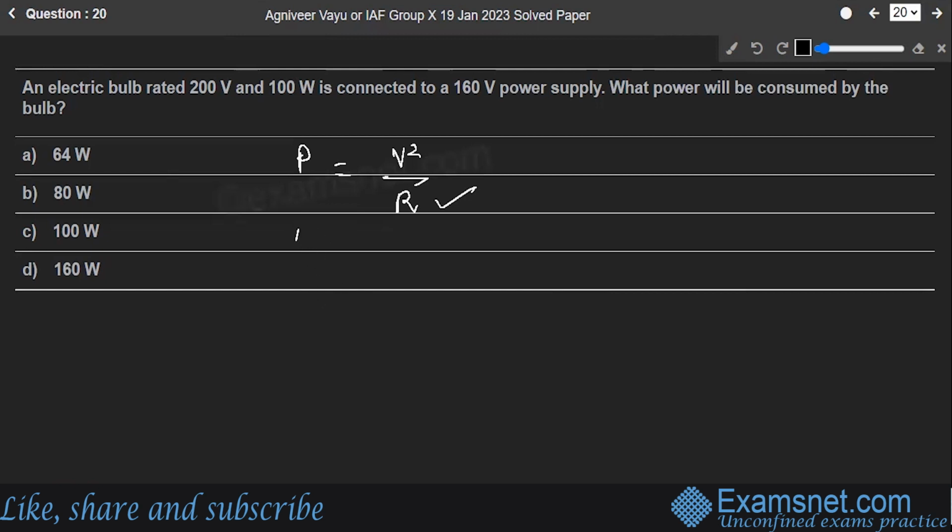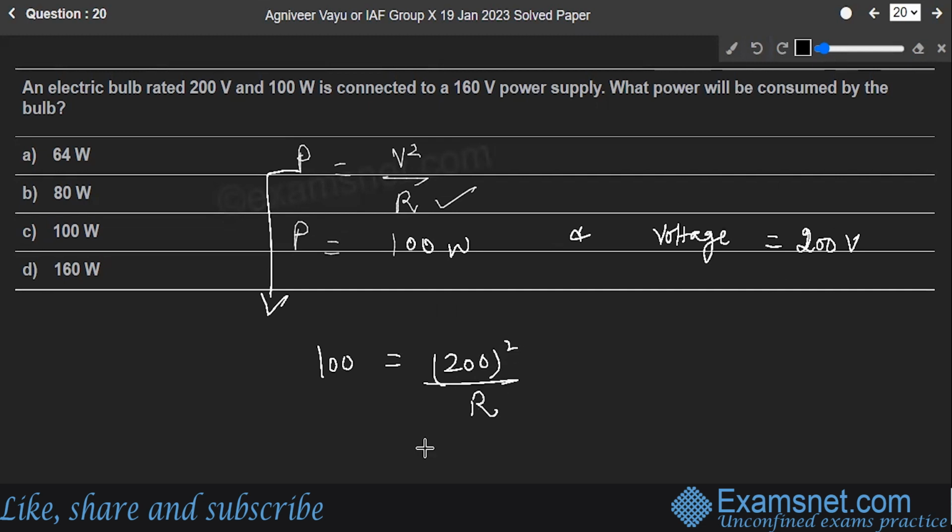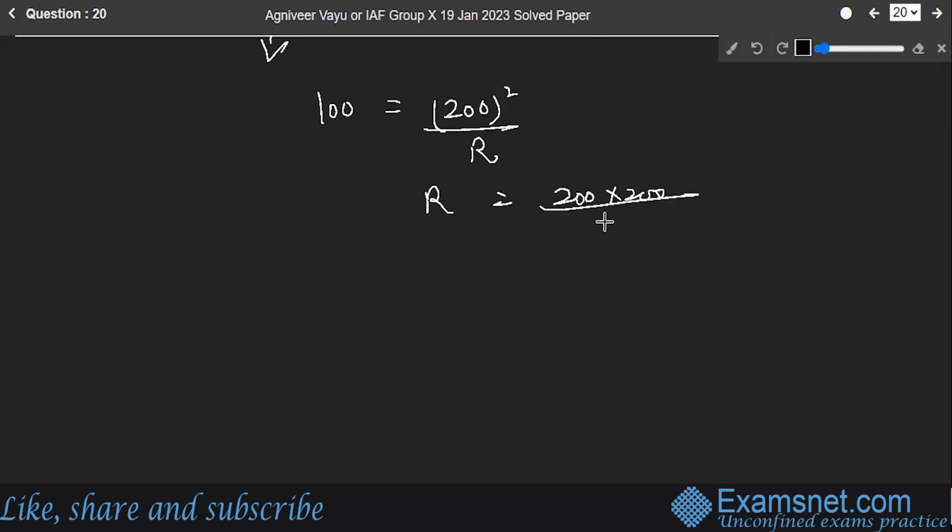Now, bulb is rated with the power of 100 watt and voltage as 200 volt, right? So from the given question, you have 100 is equal to 200 square upon R. R is equal to 200 into 200 upon 100, or this is equal to 400 ohm.